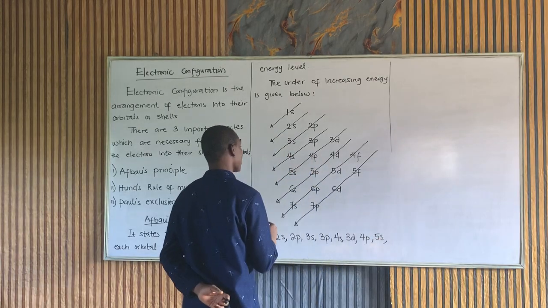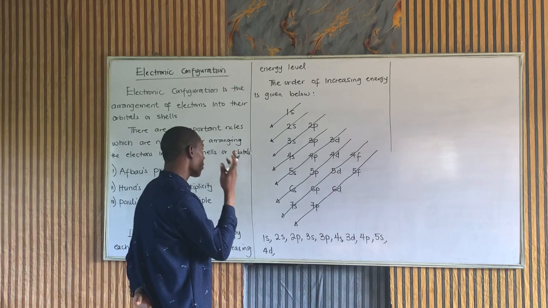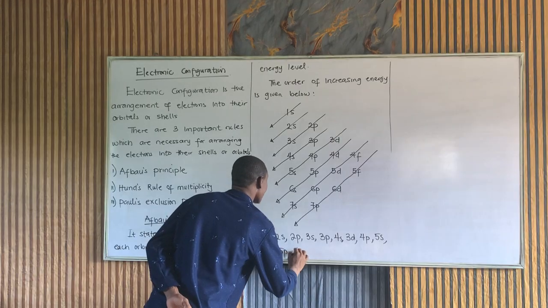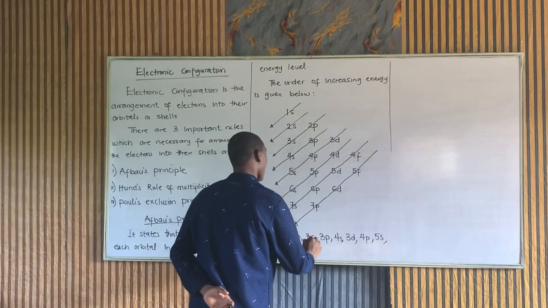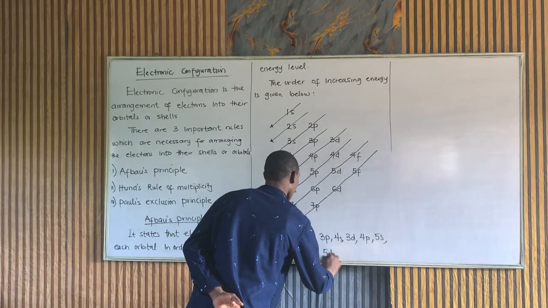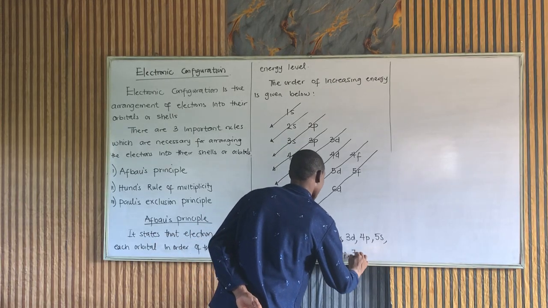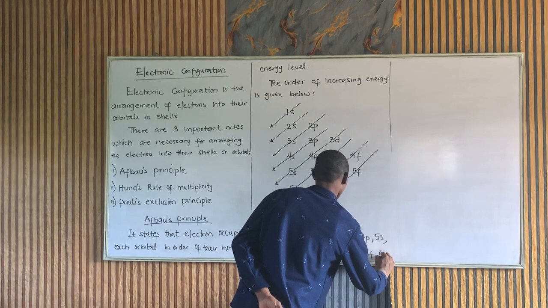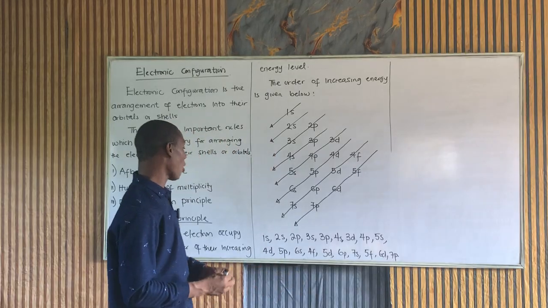After the 5s, we have the 4d. After the 4d, we have the 5p. After the 5p, we have 6s. And then 4f. After the 4f, we have 5d. After 5d, we have 6p. After 6p, we have 7s. And then 5f, 6d, 7p. So this is the order of increasing energy.